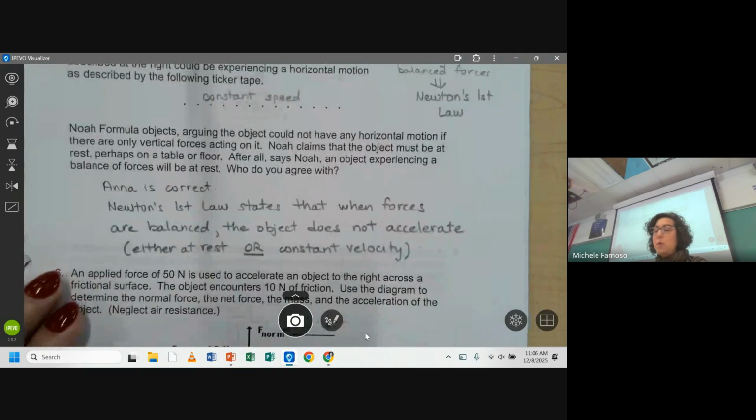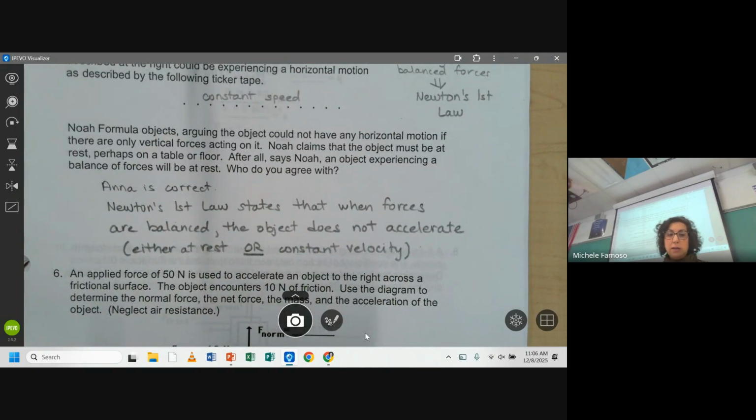One or the other. We don't know which. All we know is that it is not accelerating.